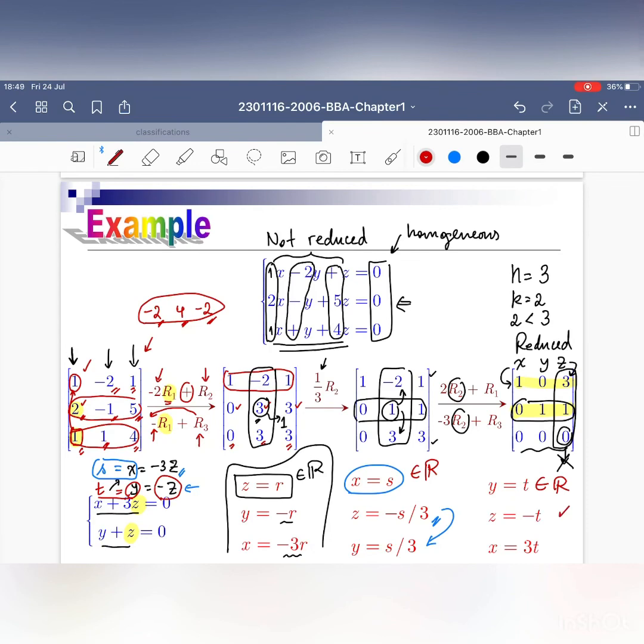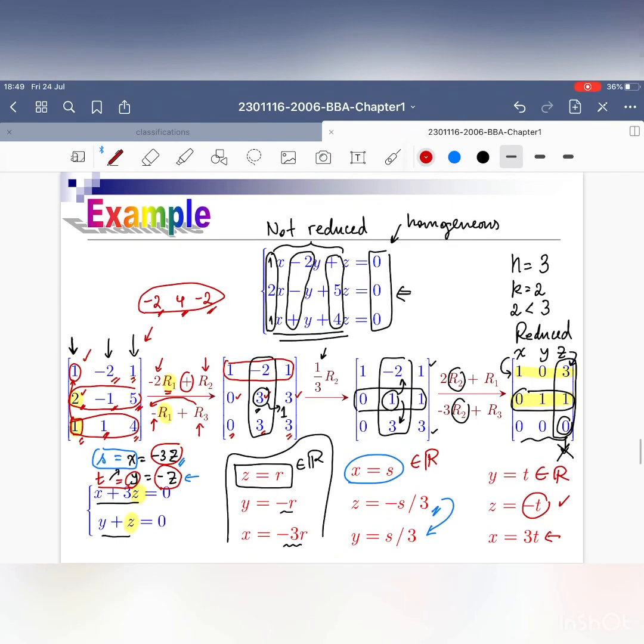And as you know x is -3z, so it is -3 multiplied by -t, so you have a positive 3t as your answer. So you can write down your answer in several ways, depending on whether you start with z, or x, or y. It will be the same, right?